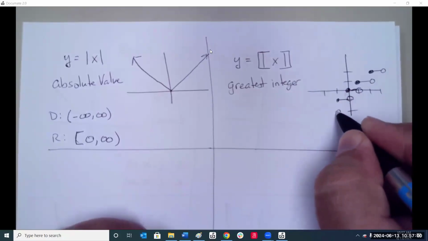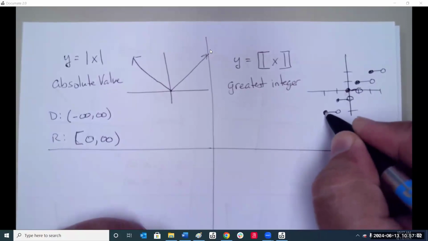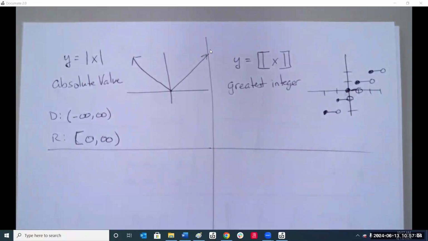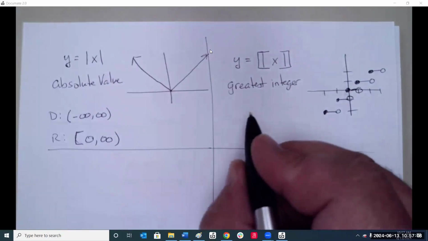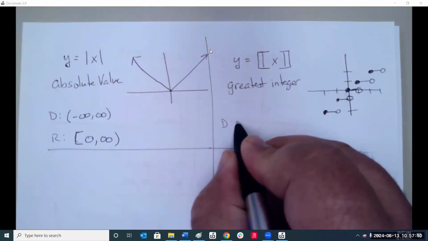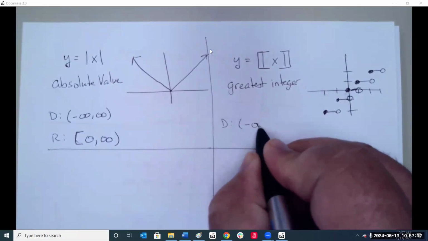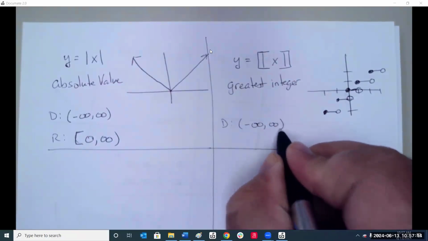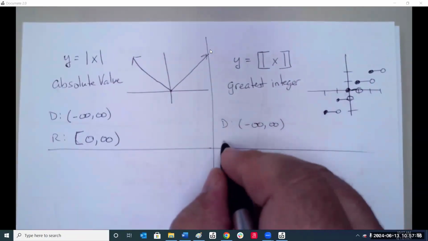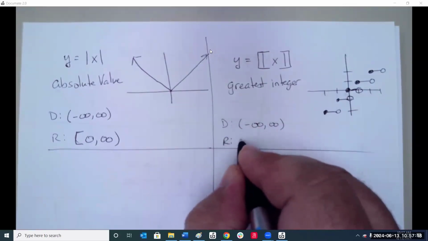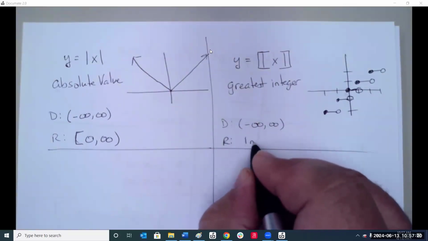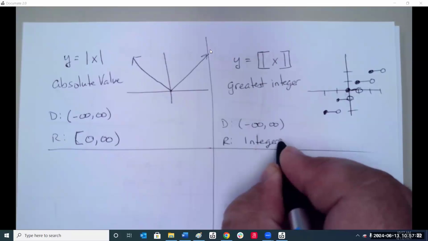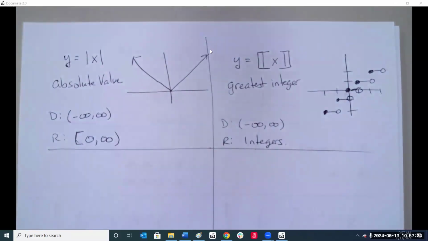So it rounds down to the number on the left. The domain is all real numbers. And the range is the integers.